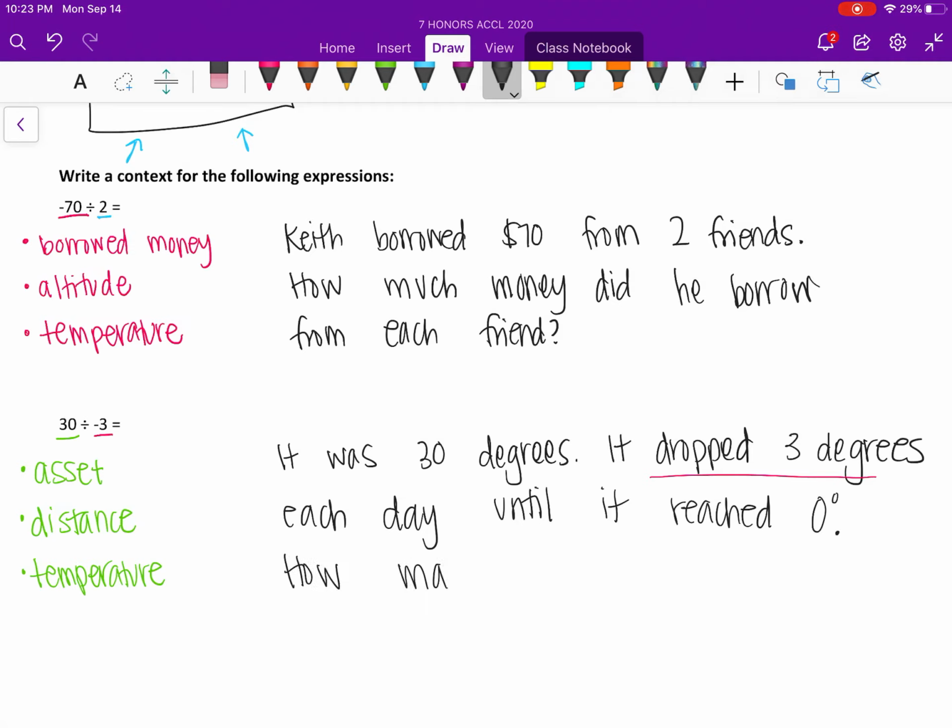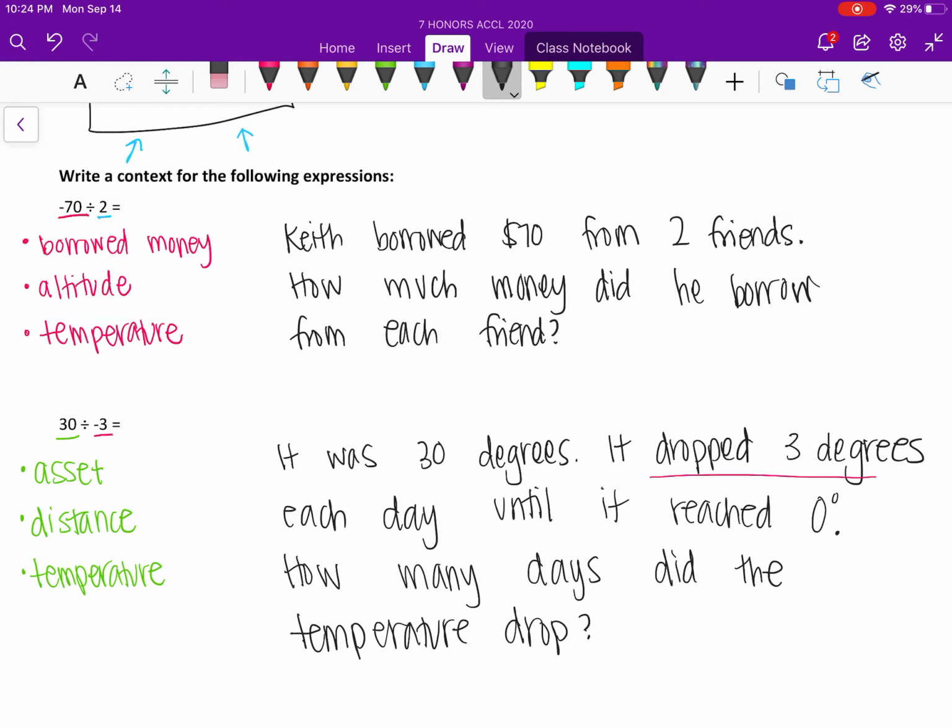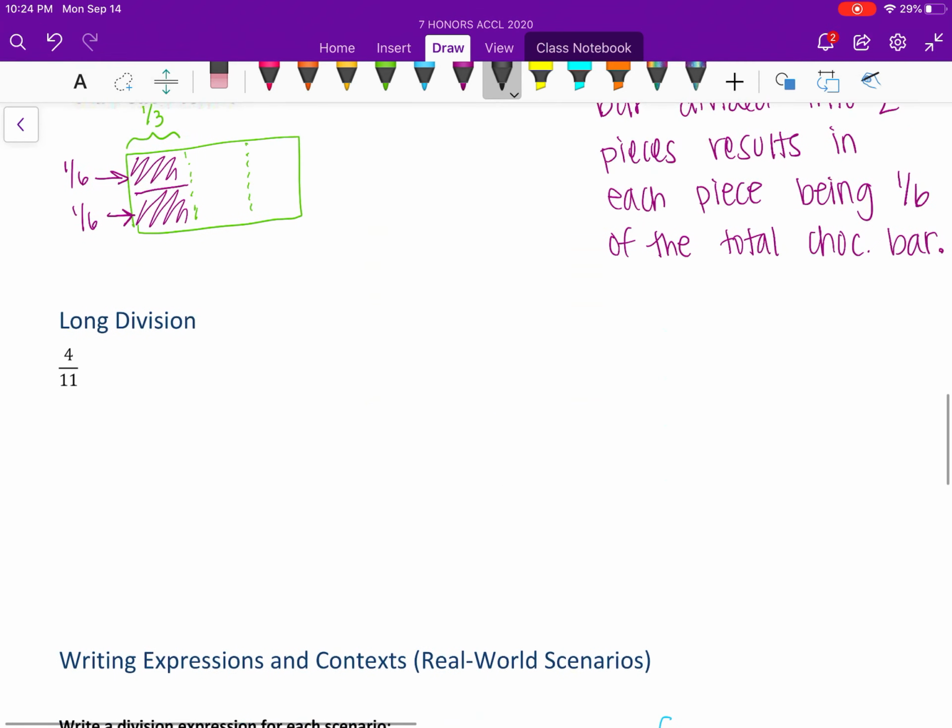How many days did the temperature drop? And 0 degrees is freezing. Okay. I want to see which contexts you guys come up with, so I will be doing a notebook check.